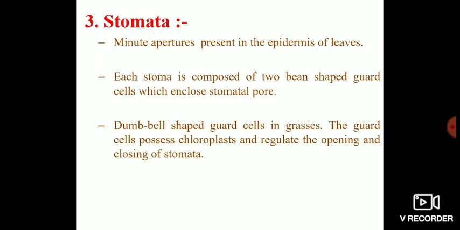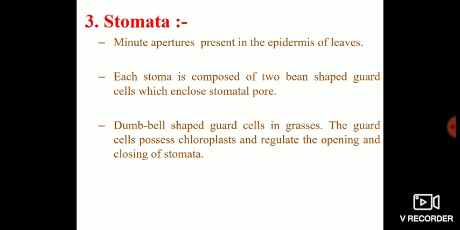I will repeat. The minute pores which are present in the epidermis of leaves are known as stomata, and each stoma, which is the singular of stomata, is composed of two bean-shaped guard cells, and these guard cells enclose a stomatal pore.